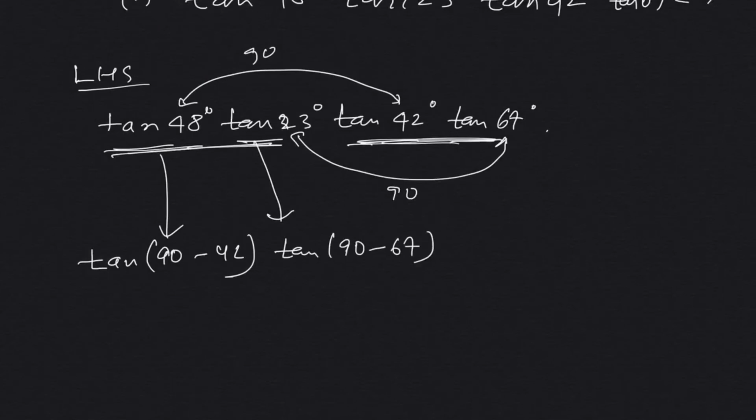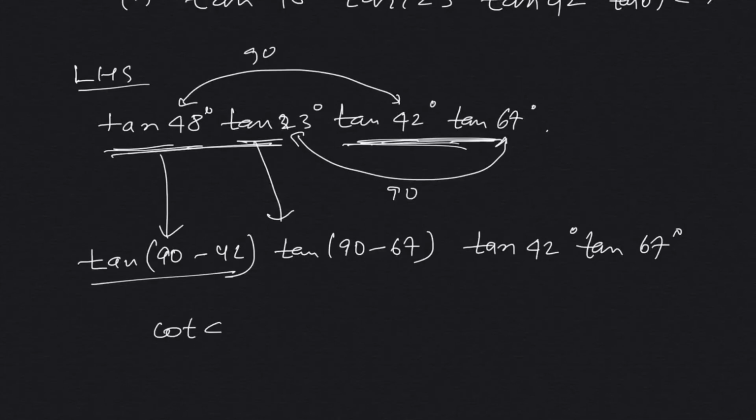Okay, and the remaining two we leave as they are: tan 42 and tan 67. So this one will become cot 42 degrees, this becomes cot 67 degrees, then tan 42 degrees, then tan 67 degrees.